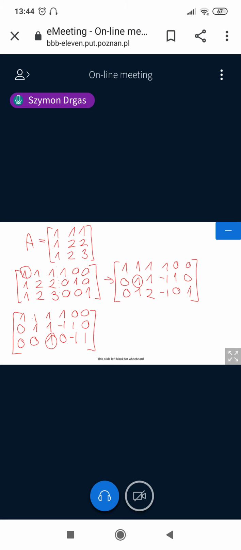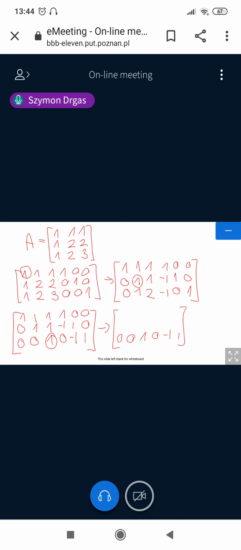Okay, so we have the first stage. The first stage is completed, and now we have to do elimination upwards. So we use this pivot to eliminate these two ones above it. So it will be 0, 0, 1, 0, negative 1, 1.